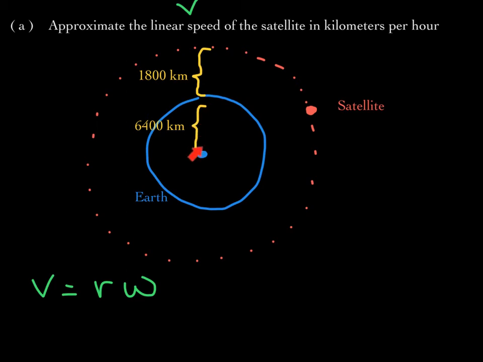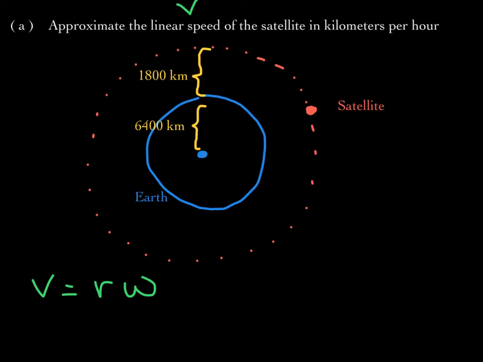The satellite is 1,800 kilometers plus 6,400 kilometers away, so the total radius is the sum of this distance and this distance.